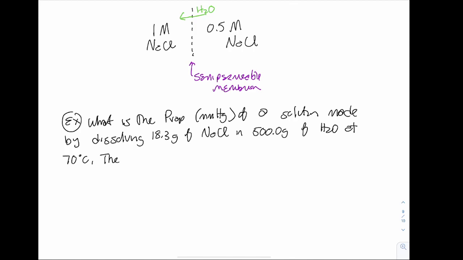The vapor pressure of water at 70 degrees Celsius is 233.7 millimeters of mercury. We don't really need the temperature for the problem.